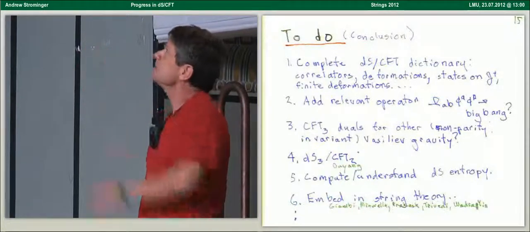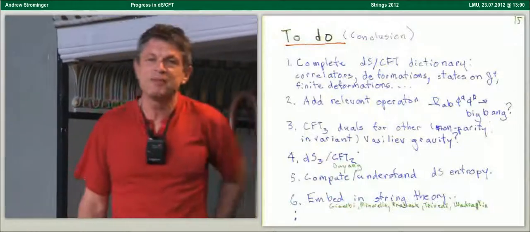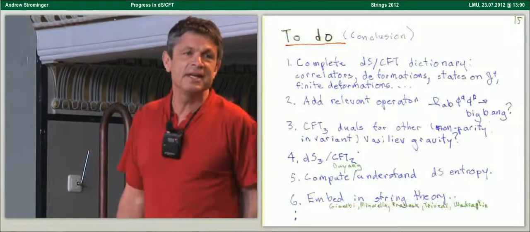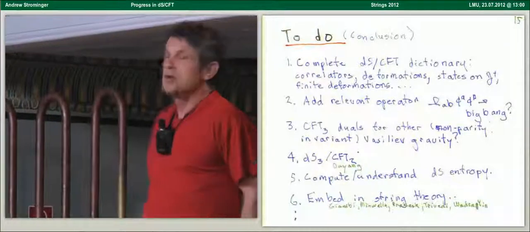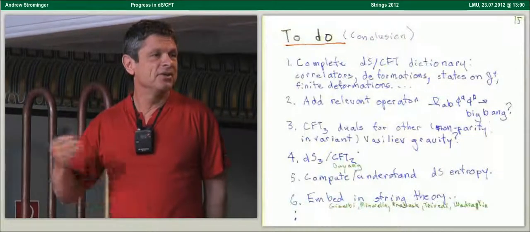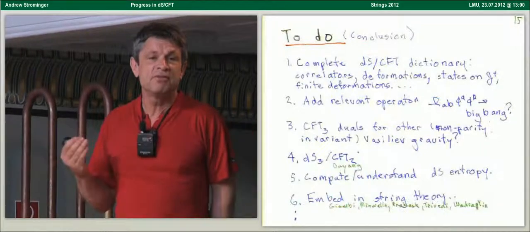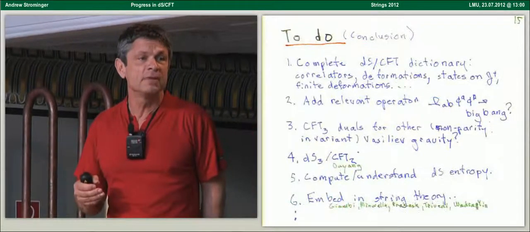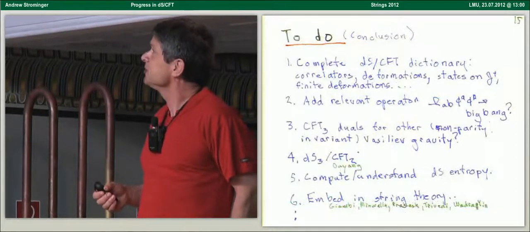We want to complete the dS/CFT dictionary in the way that we spent 5 years doing for the AdS/CFT dictionary. There are many things we don't understand. We'd like to study things like adding relevant operators and understanding what a Big Bang is. There are more Vasiliev theories. Here I've talked only about one of them. What are their duals? We'd like to do it in different dimensions.